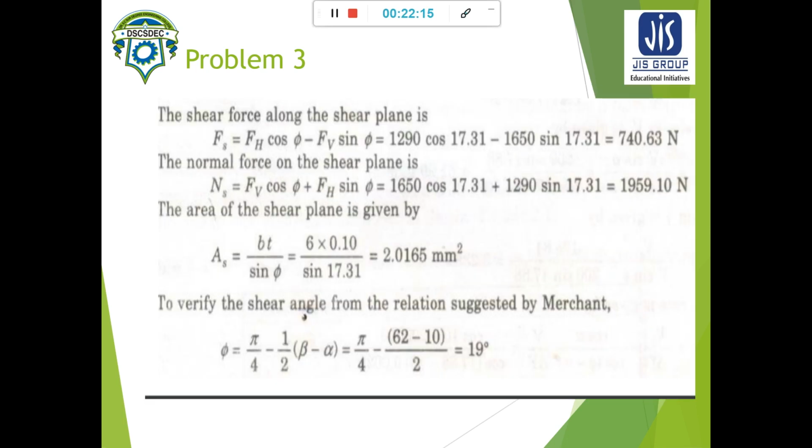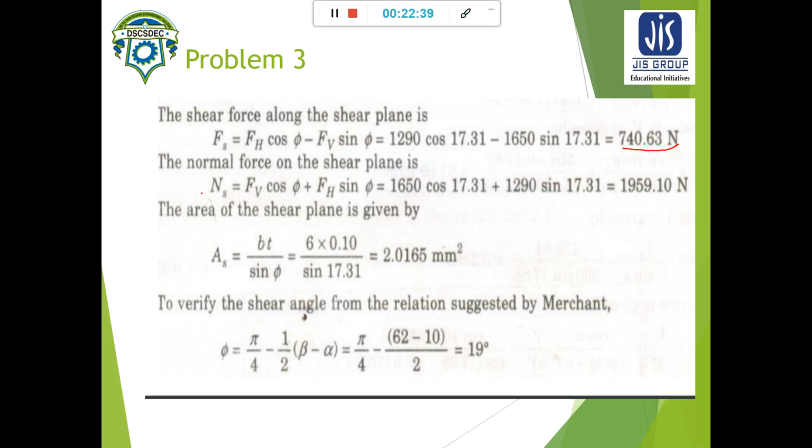That would give us 94.42 Newton. For the shear plane force, we have to use the shear plane angle. Fs is FH cos phi minus FV sin phi. If we put in the values, we find that Fs is equal to 740.63 Newton.